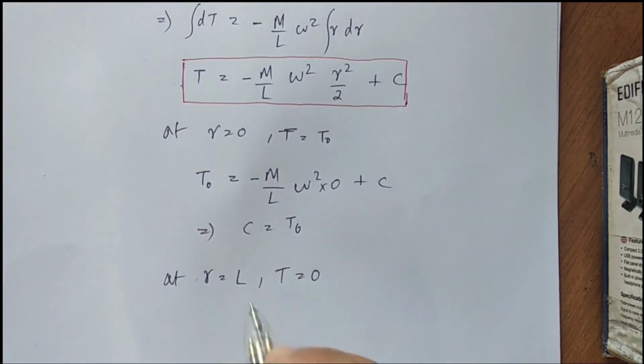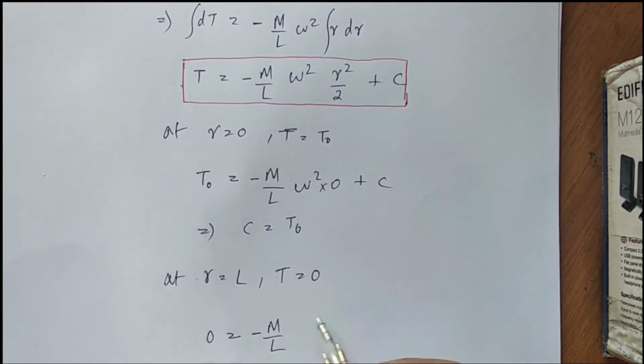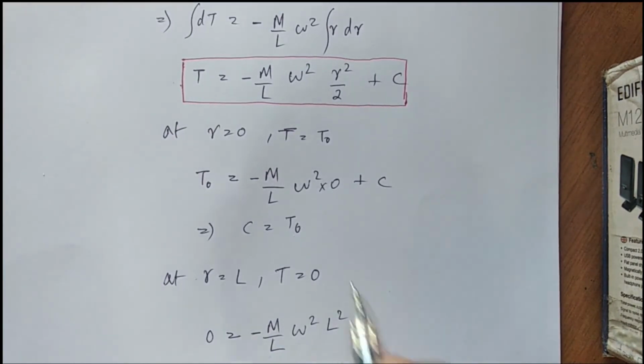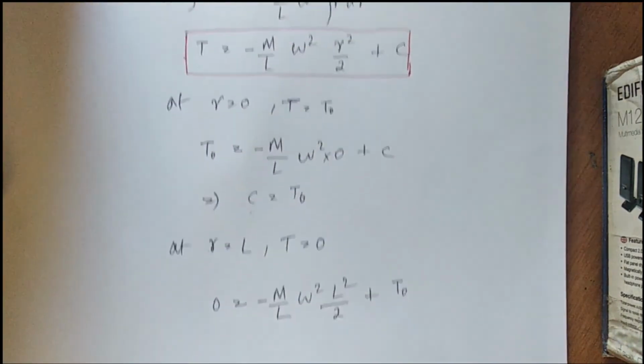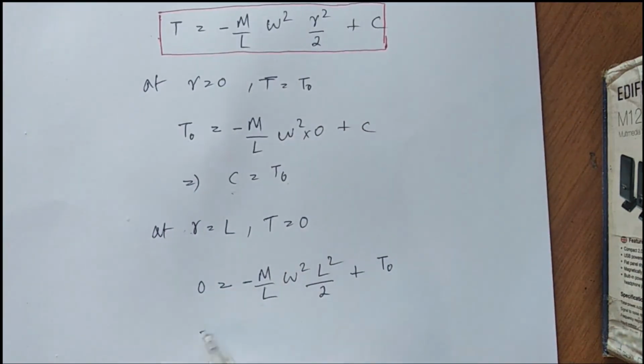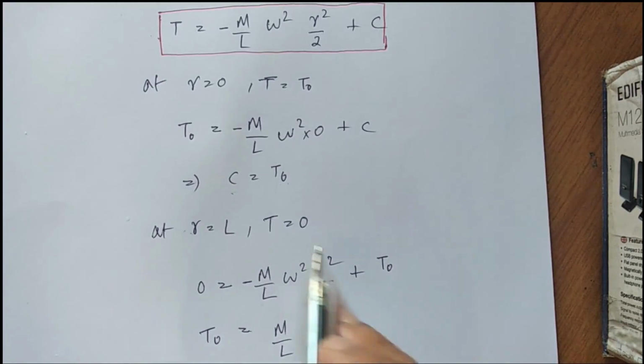So 0 will be equal to minus M by L omega square, L square by 2, replacing R by L, plus C, which is nothing but T naught, as we have already found in the previous condition. So in this case T naught is coming out to be M by L omega square L square by 2. If you take this to the other side, it will be positive.